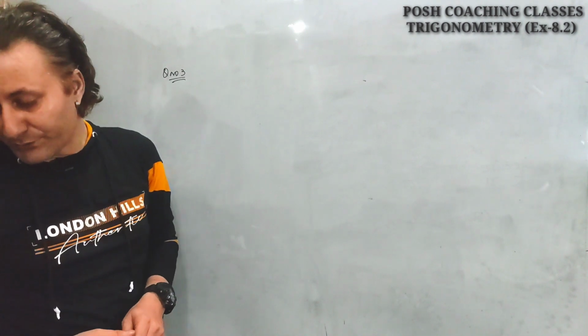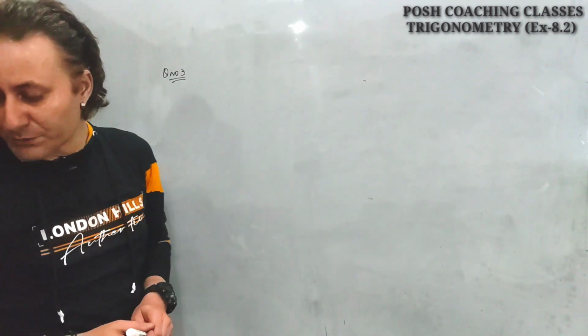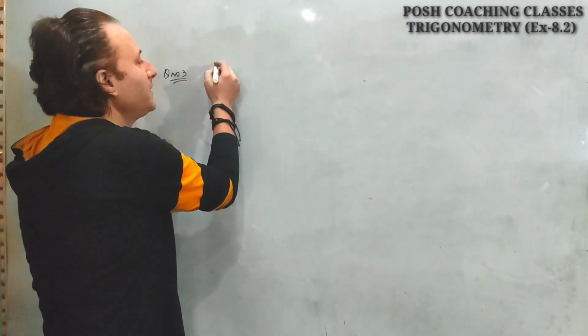Okay, now we have one more question, question number 3. It says if tan(a + b) is under root 3. This is a very important question, by the way.